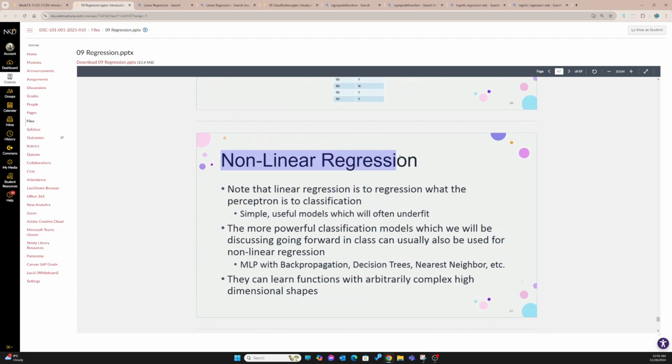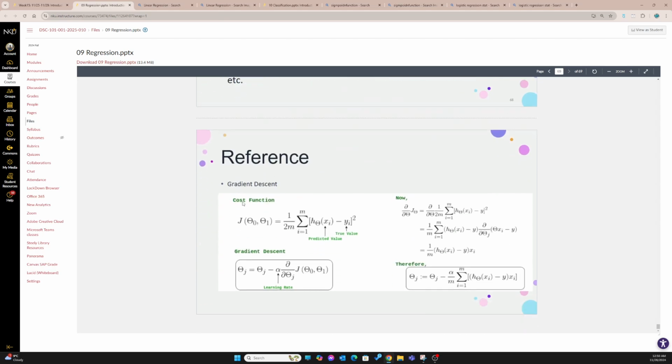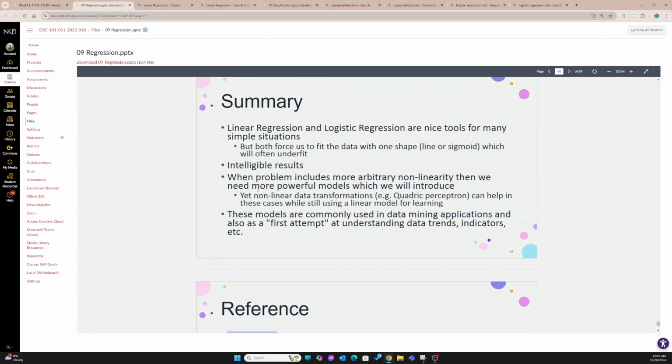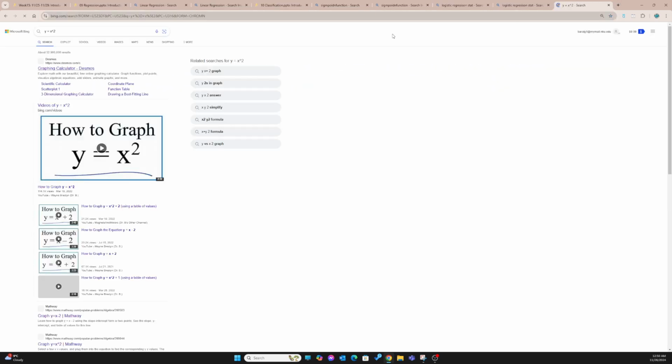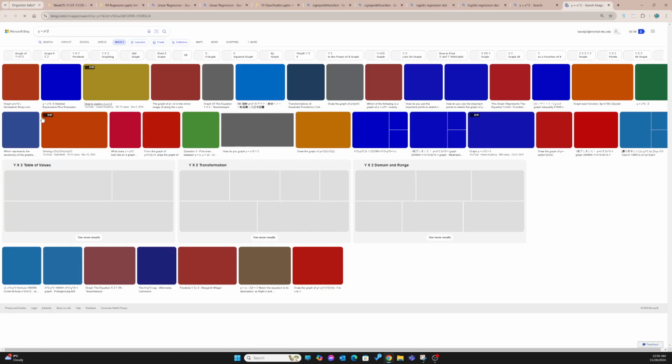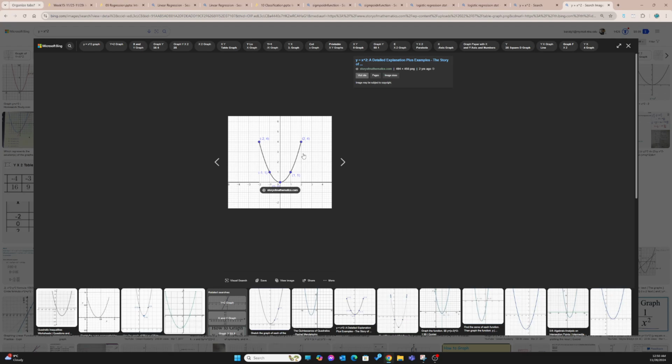Now we did this. Now what are nonlinear regressions? There are different types. Gradient descent is one of the examples. If there is a function like this, neither linear regression nor logistic regression will be able to capture it.